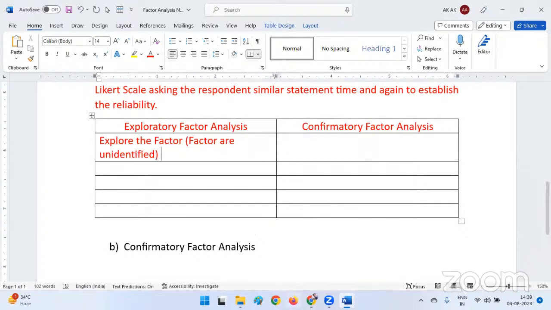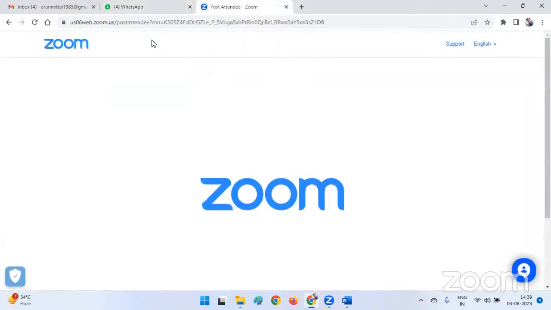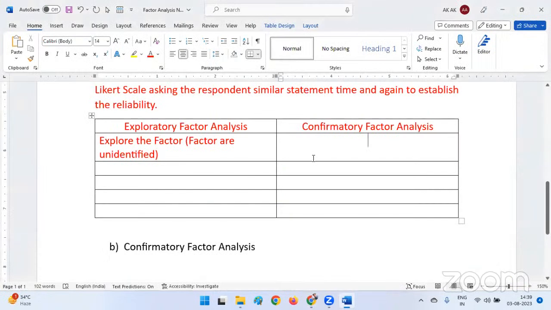We identify them when we apply this factor analysis. In confirmatory factor analysis, factors have already been identified. CFA confirms the factors. Broadly, CFA confirms that you have done a great job.